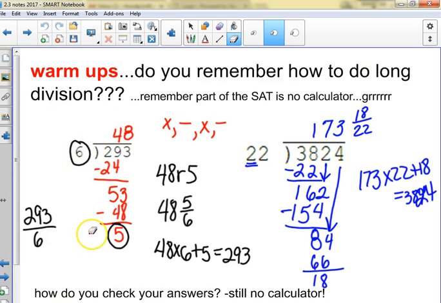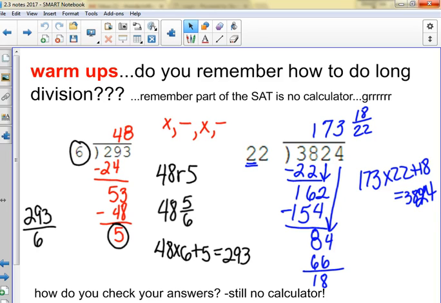All right, this is from Friday. Remember the concept? Dividing, long division. Anybody who wasn't here Friday? You think about the multiplication. You say to yourself, how many times does it go into this? But what you're really thinking is, what am I going to multiply to get close to this?